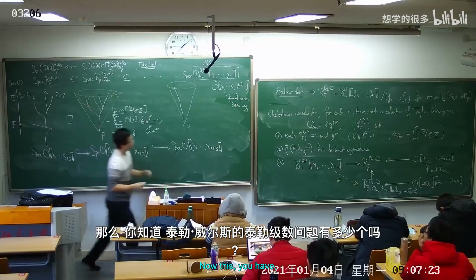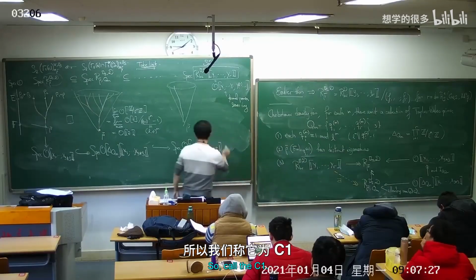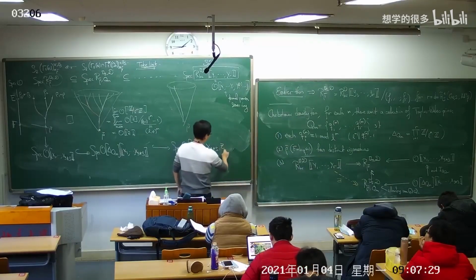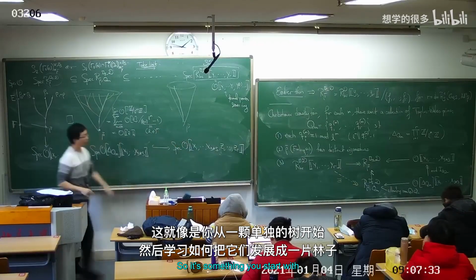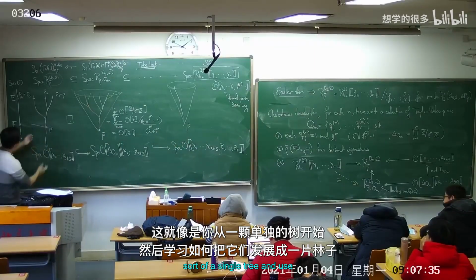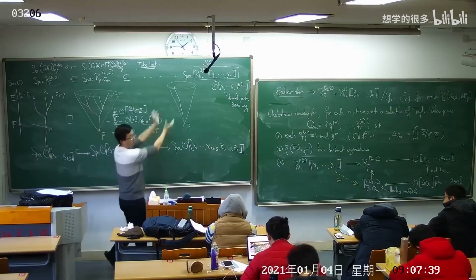Now here you have how many R Taylor-Wiles primes? Call them Z1 through Z_R. So you start with a single tree and you grow them into a whole bunch.